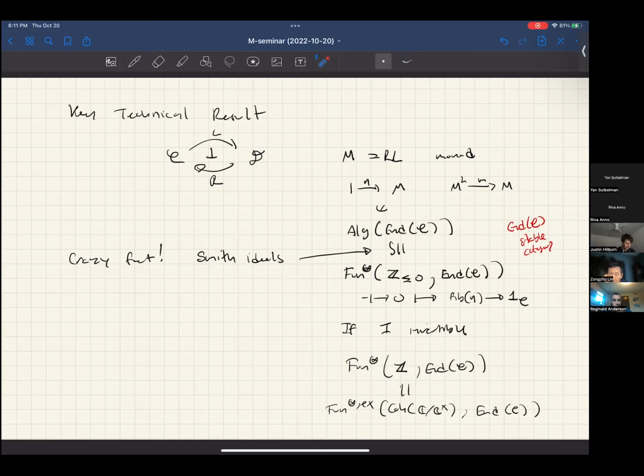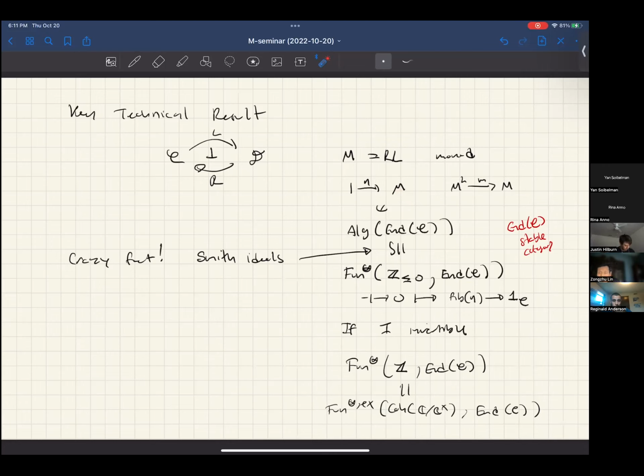And the answer is that if you remember the fact that the twist has the structure of a Smith ideal, then it exactly recovers the monad in your spherical functor. I think this is a question that people had.